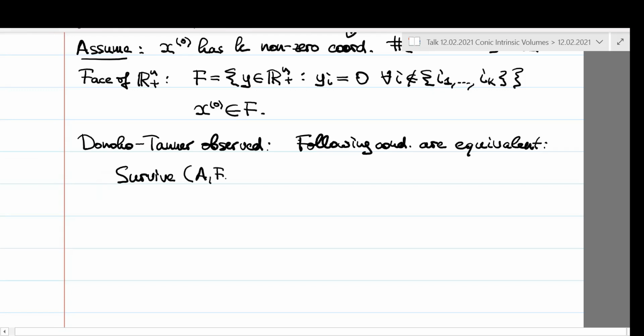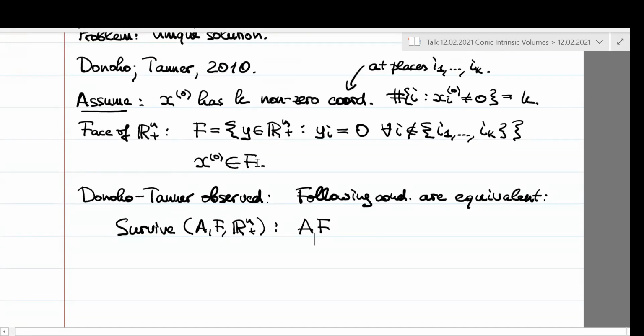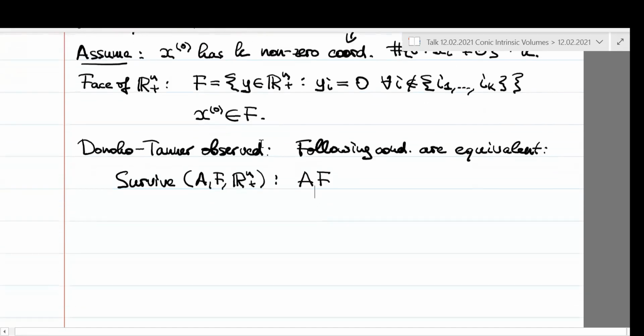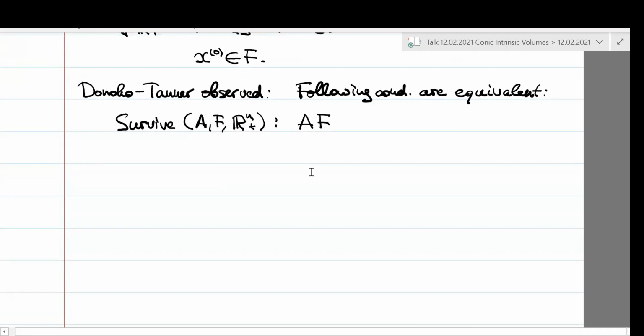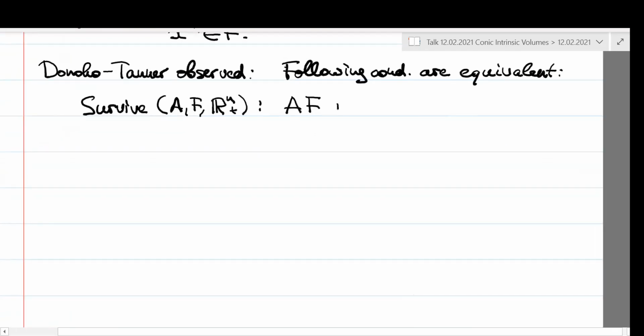It states that the image of F, so F is a face of the orthant, and we can map this face by the map A, and then this condition says that AF is also a k-dimensional face of the image of A applied to Rn plus.